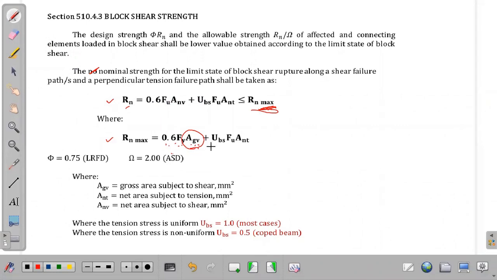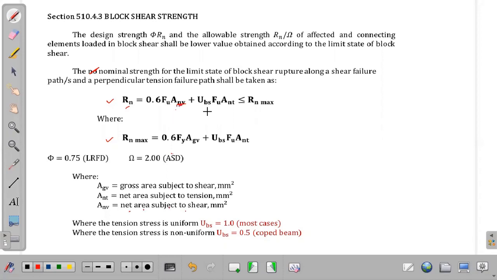Okay? So that is our equation given by the code to solve for the nominal strength for the limit state of block shear. So Fu is the ultimate strength. Anv is the net area subjected to shear.